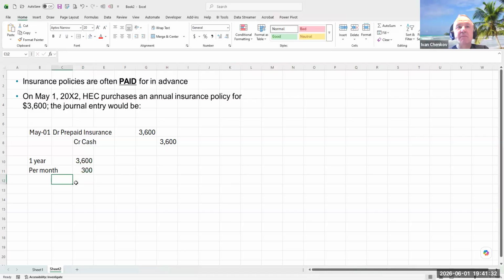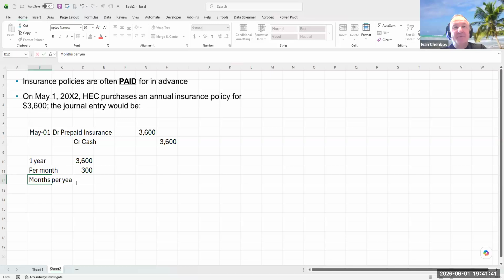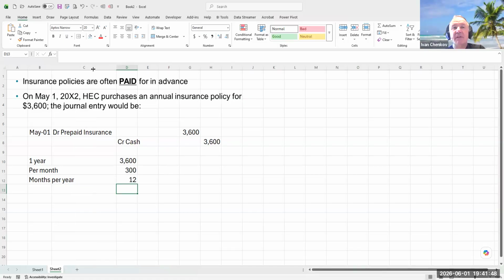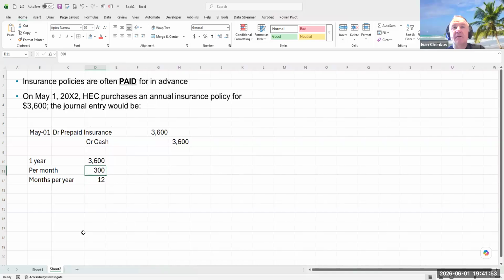How many months does a year have? 12 months per year. So how much will it be per month? 300. So what that means is, every time 1 month passes, I can recognize $300 expense and move $300 from prepaid insurance into insurance expense. Make sense?